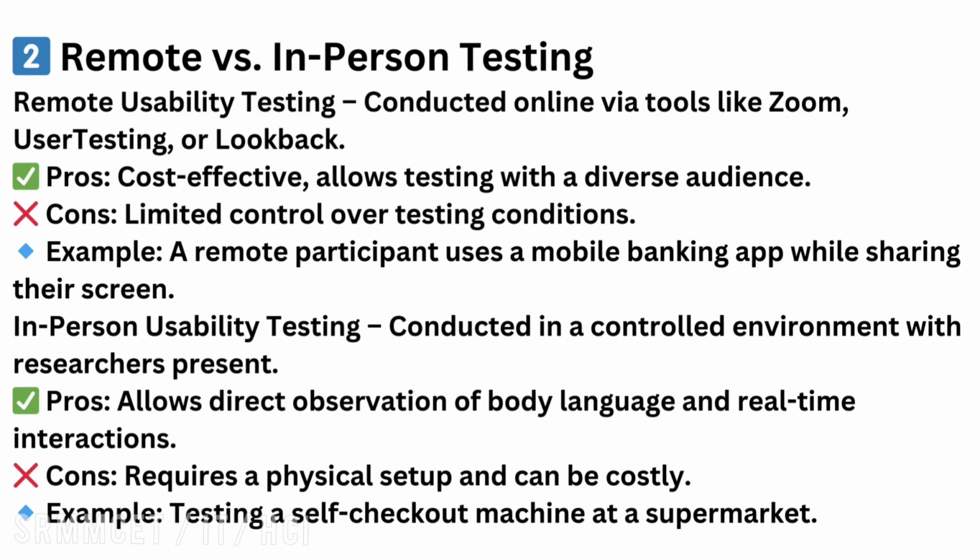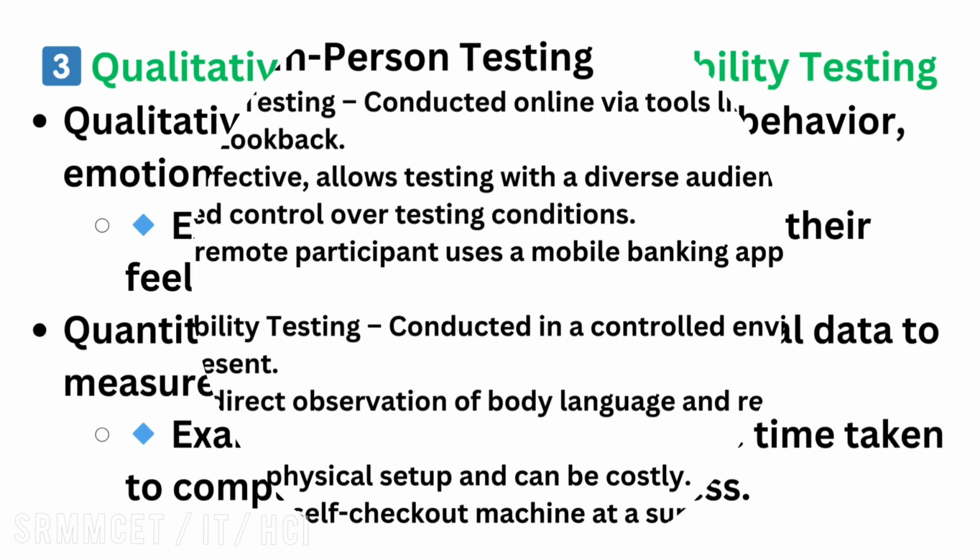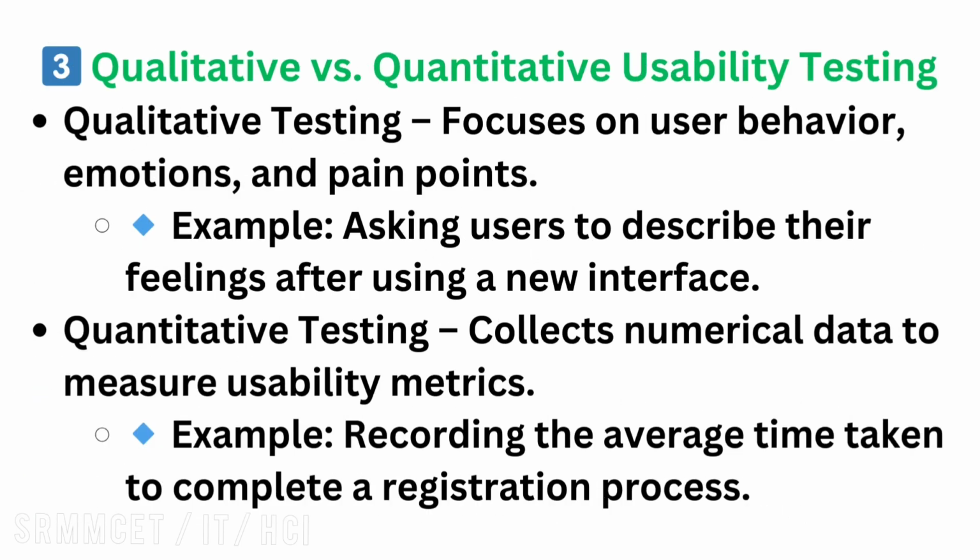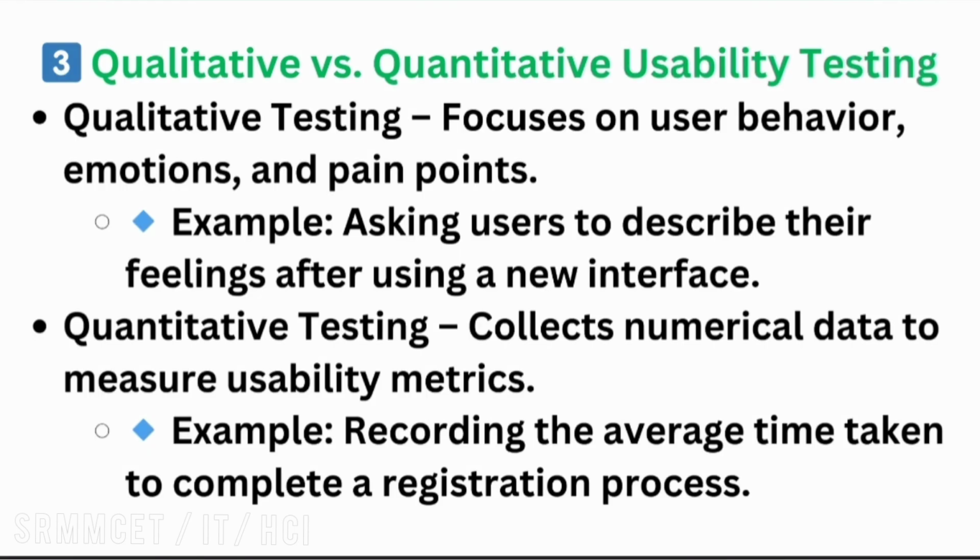The third option is qualitative and quantitative usability testing. Here, qualitative testing focuses on user behaviors, emotions and pain points. Already we have said that pain point is the main emotion of what the user has gone through previously. Example, asking users to describe their feelings about the new interface.